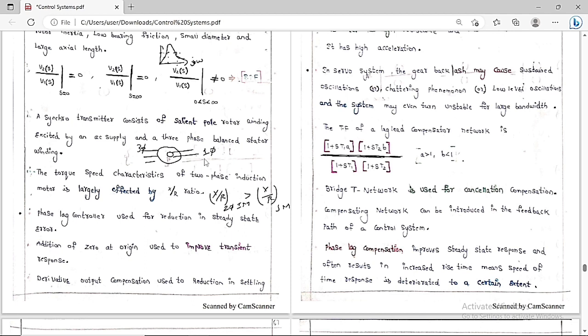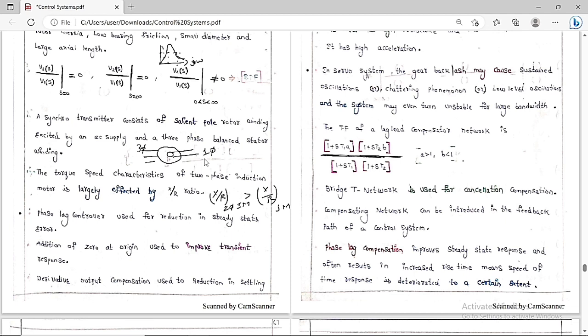Therefore addition of zero is the lead compensator, and with the help of a lead compensator, it is going to improve the transient response. So 1/s means PI controller or lag compensator, whereas zero terms means it is basically a lead compensator, which is going to improve the transient response.